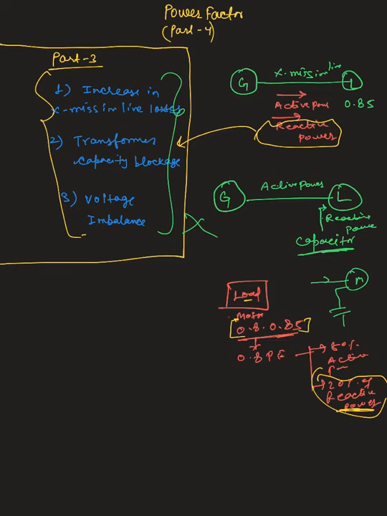The problem is that we are asking that requirement from the grid. So what we can do is supply the reactive power requirement of the load locally, and thus we can reduce, or completely vanish, all the three problems.